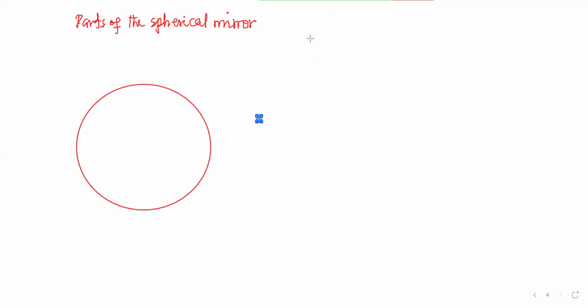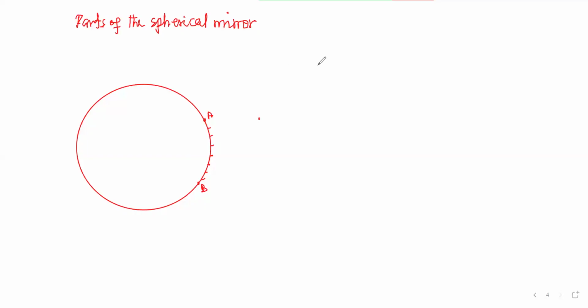This is a sphere. So if I pick a small section of the mirror, A, B, and then coat the back, I have formed a concave mirror.